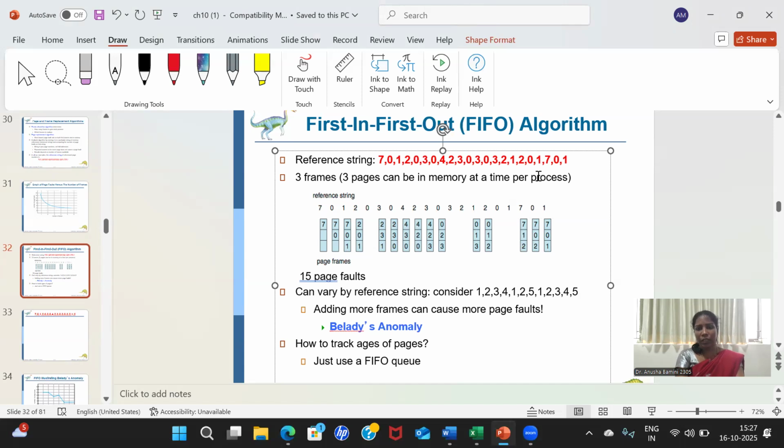While you're solving the problem, the reference string as well as frame size are also given to you. Sometimes frame size may be 2, it may be 4, whatever. Based upon that, you make the picture. If it is 4 compartments, you create one more row here. Here it's given as 3 frames. So we'll start doing the problem.